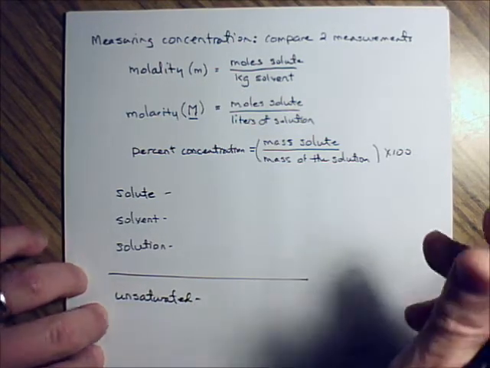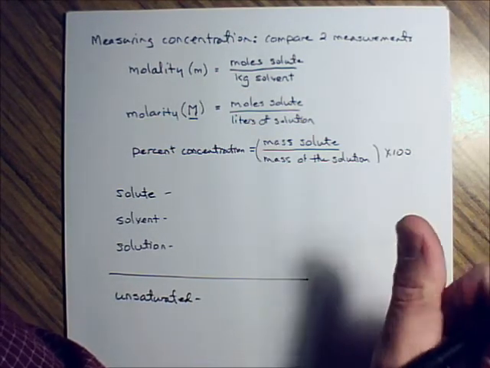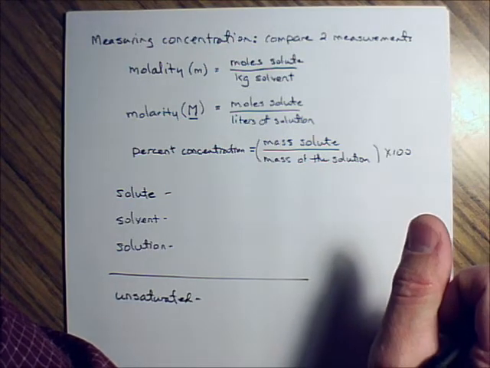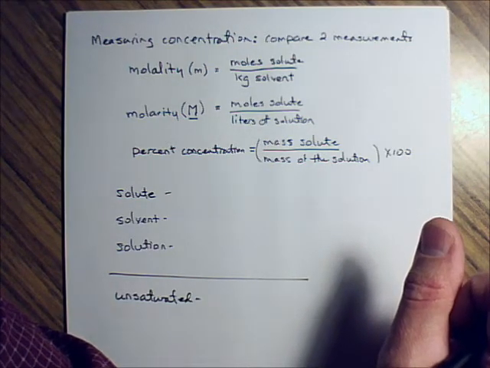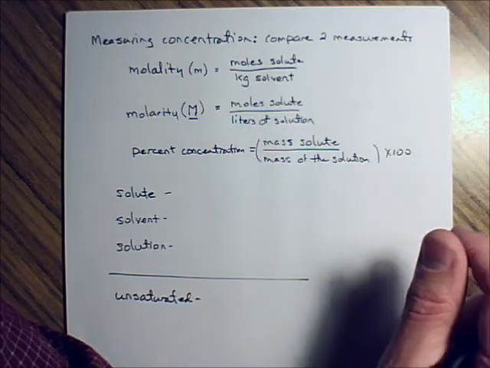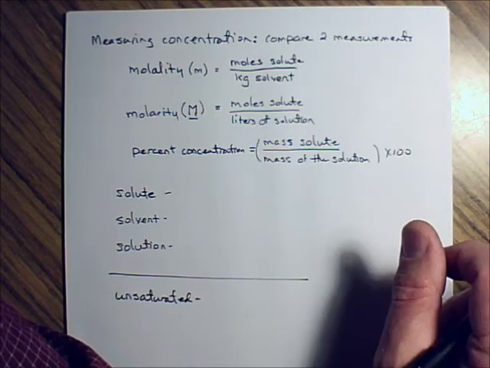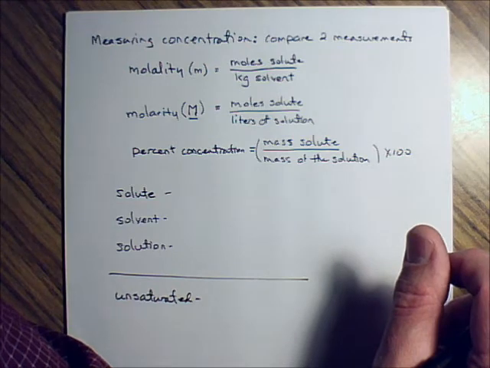Has anybody ever put so much sugar in their tea they couldn't get it all dissolved? Okay. So you stir and you stir and you stir and still there's some sugar at the bottom, right? Okay.